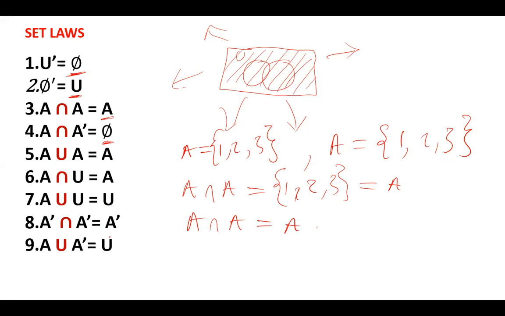How is it like that? Look at this. You have a universal set, and then you have set A there. Then we're saying A intersection A complement is an empty set.